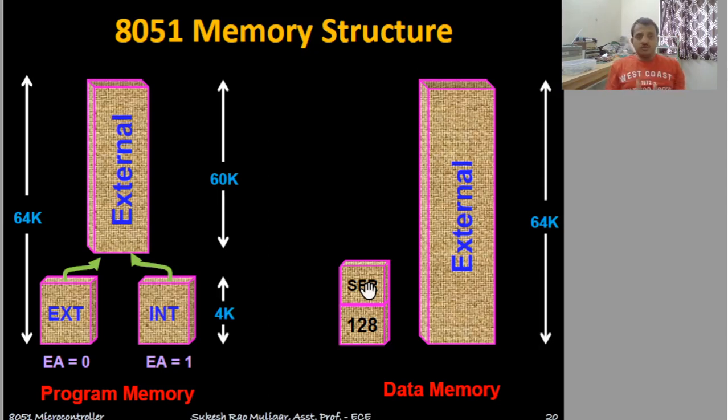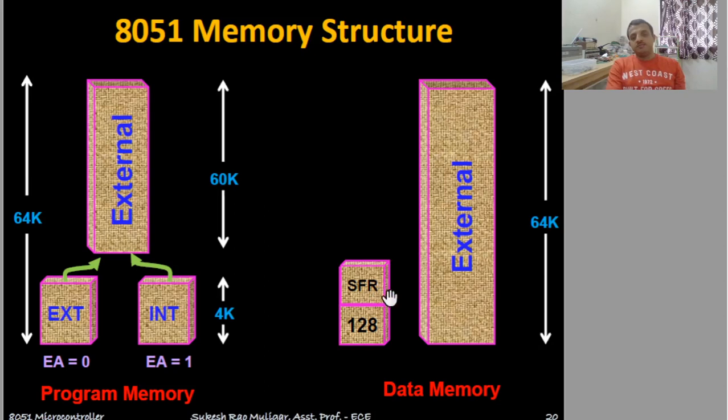Just to summarize, in the memory, remember 8051 has a program memory which is generally 4 kilobytes, and it supports up to 64 kilobytes of program memory. Coming to the RAM, 8051 has 128 bytes of RAM or data memory, and a separate SFR, special function register space, probably another 100 bytes or so.